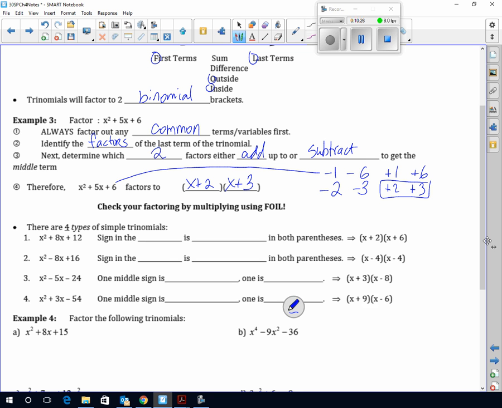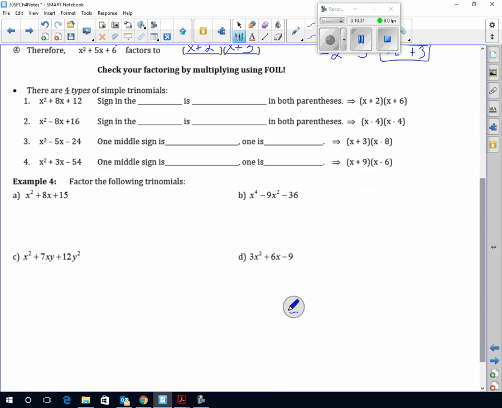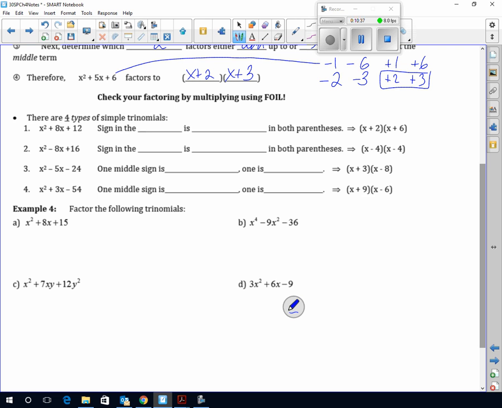The sign in the middle, the sign in the binomial is positive in both parentheses, because both binomials are positive. The sign in the binomial is negative.